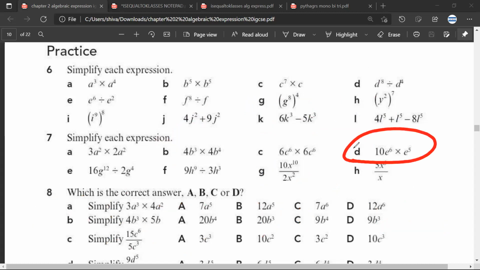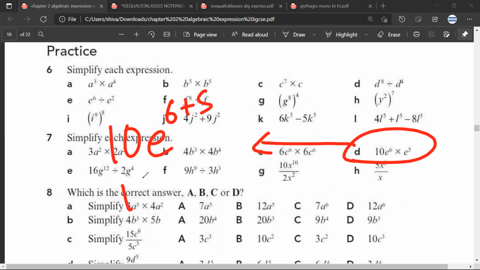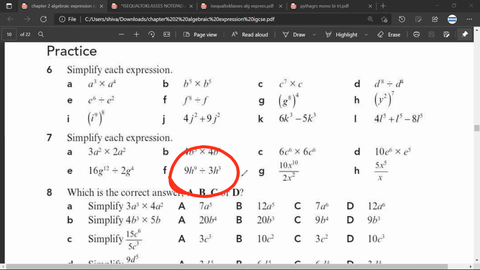Mr. Satya, what will be the answer for this? So it would be 10 e raised to power 6 into 1 e raised to power 5. So it would become 10 e raised to power 6 plus 5, which would be equal to 10 e raised to power 11. Sarthak, any doubt? No, sir. Sarthak, what will be the answer for this?